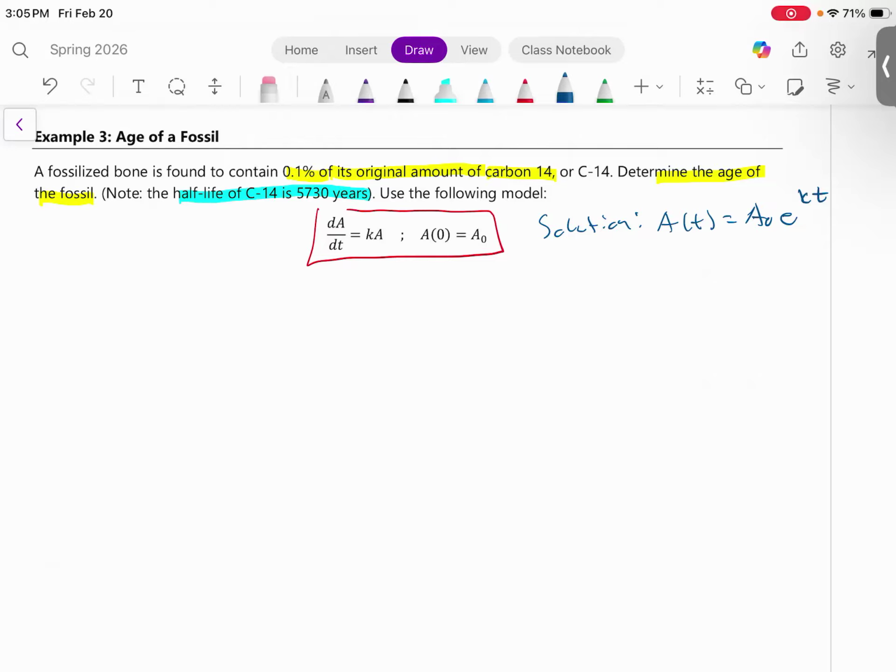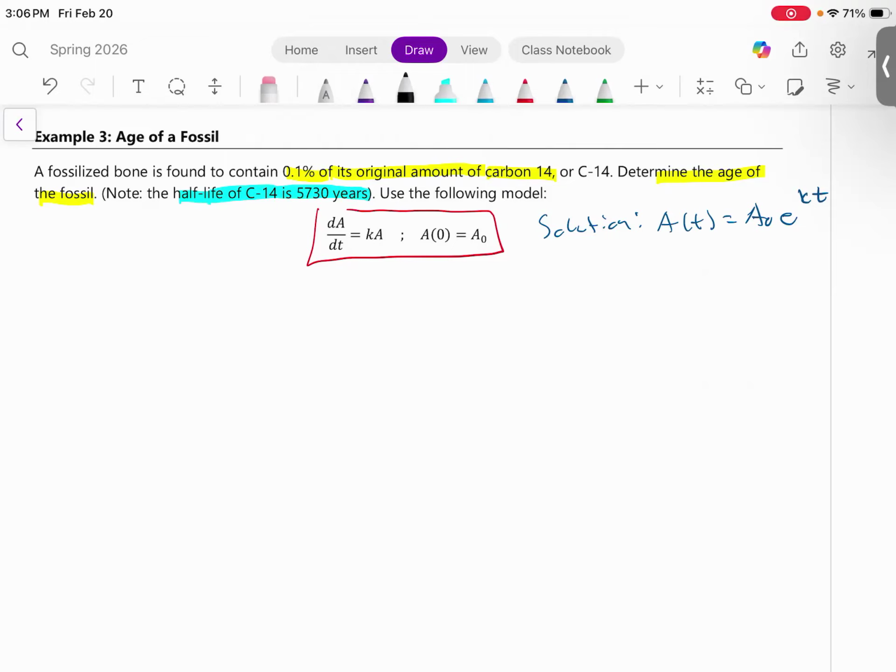Whenever we try to answer one of these questions, we always have to find out what k is. It takes a little bit of work and given conditions, but what makes it a lot easier here is that we're given the half-life.